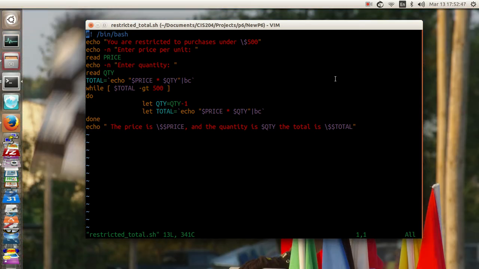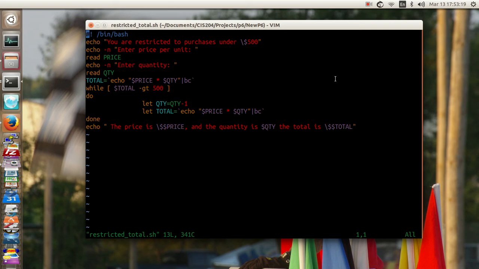So then I do a while loop. The reason for the while loop is that if the total purchase price goes beyond $500, the quantity has to be reduced until it comes under $500. So while the total is greater than 500, I will let quantity equal quantity minus 1, in other words, decrement the quantity, and then reset the total to be the price times the quantity.